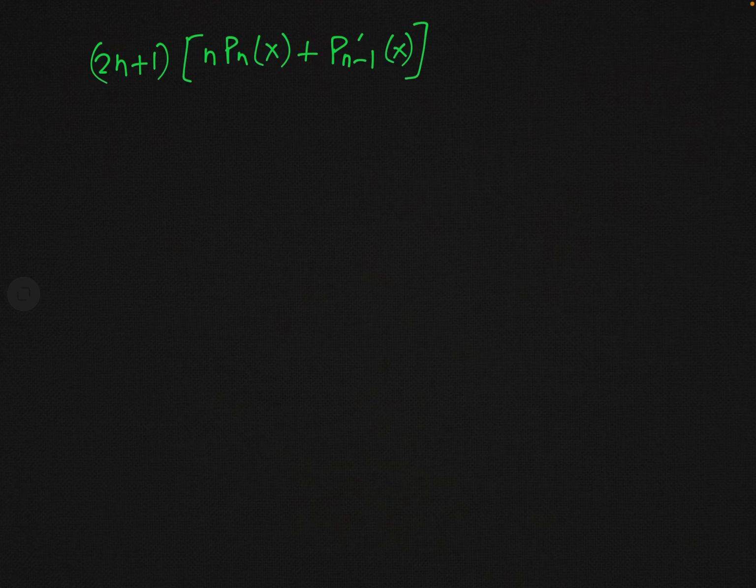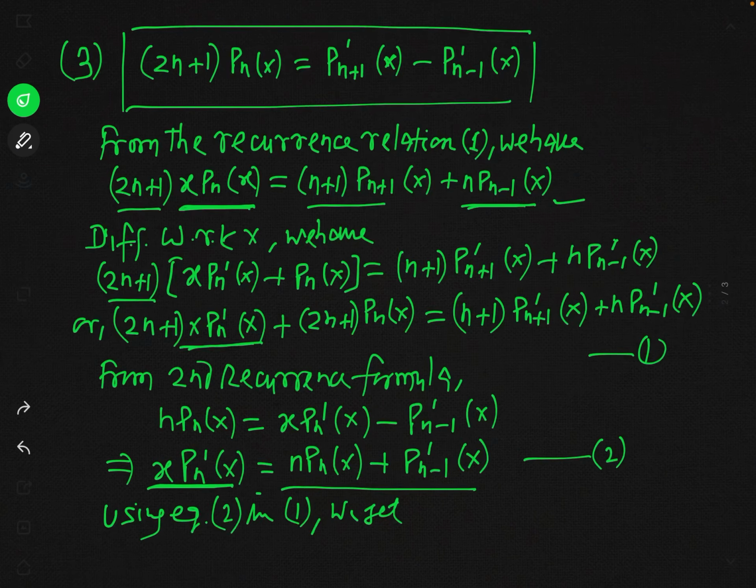2n plus 1 into n Pn of x and plus Pn minus 1 prime of x. This is actually the value of x into Pn prime of x, and plus, you can see here the next term is what?